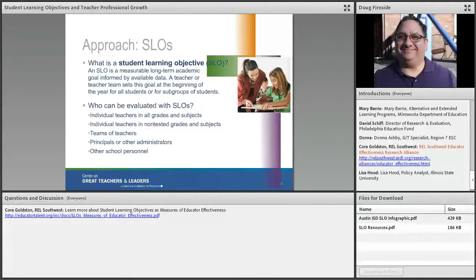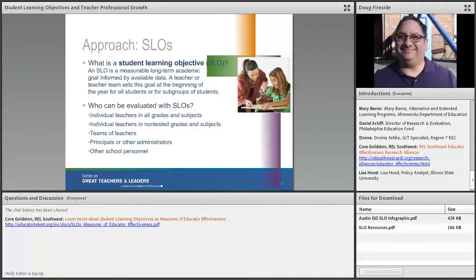But I wanted to mention that student learning objectives were initially used more broadly as a response to VAM or student growth percentiles, because the number of teachers impacted by state tests is actually relatively small compared to the total number of teachers. And so one of the things that student learning objectives can accomplish is that they can help in the evaluation of teachers from a wide range of grade levels and subjects.